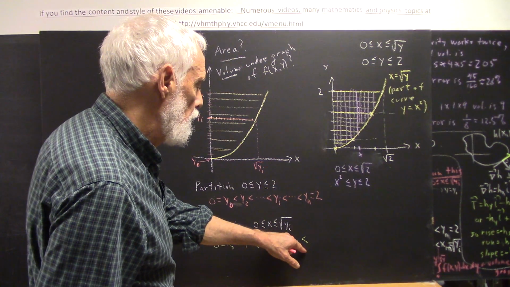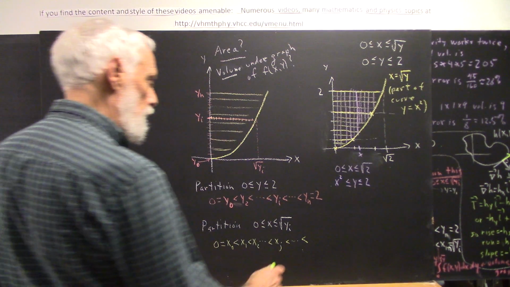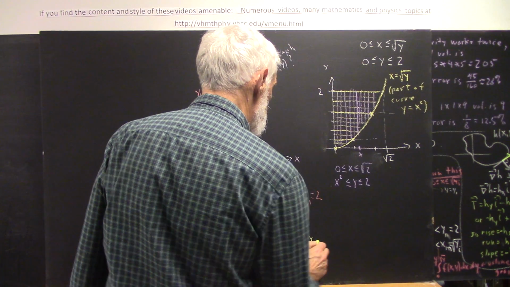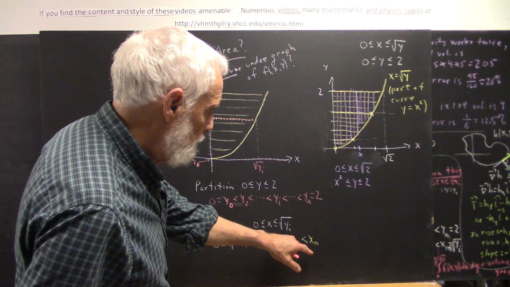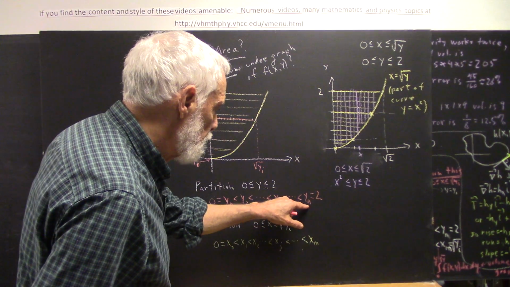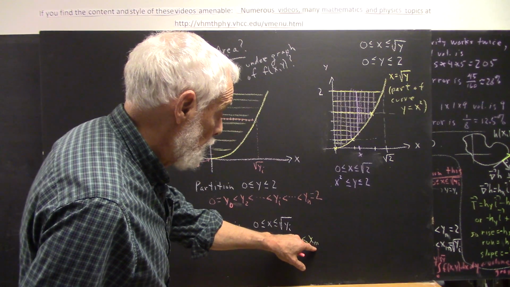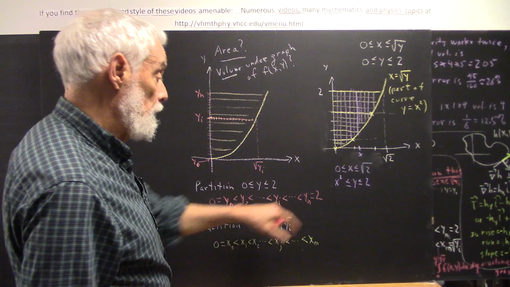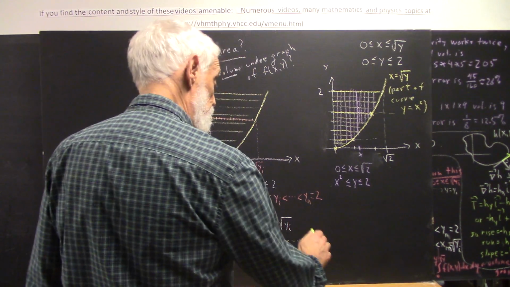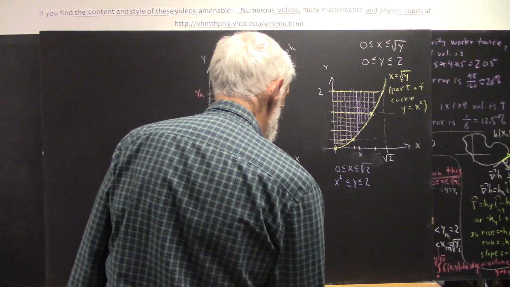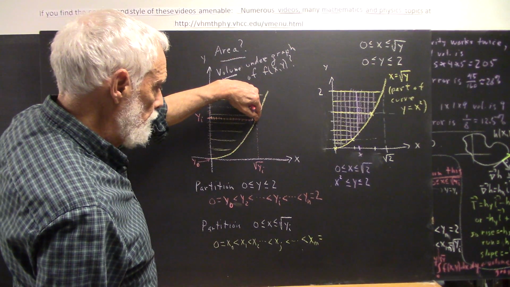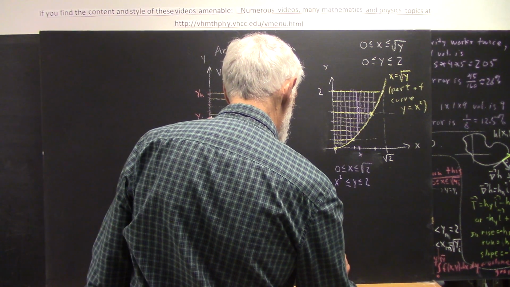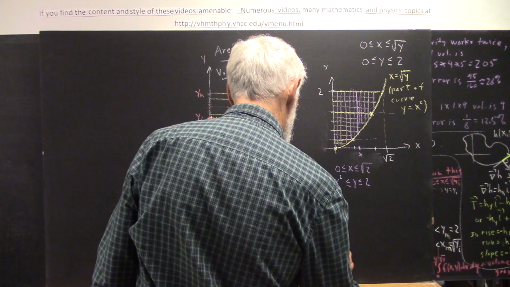And that's going to go up to the square root of y sub I. So our last value of x I'm going to call x sub m, so we don't have to have the same number of intervals in our x partition as we do in our y partition. The number of intervals in this partition is going to be m. The number of intervals in the y partition is going to be n. And the last number in the partition, of course, is going to be our final value of x, which is the square root of y sub I.